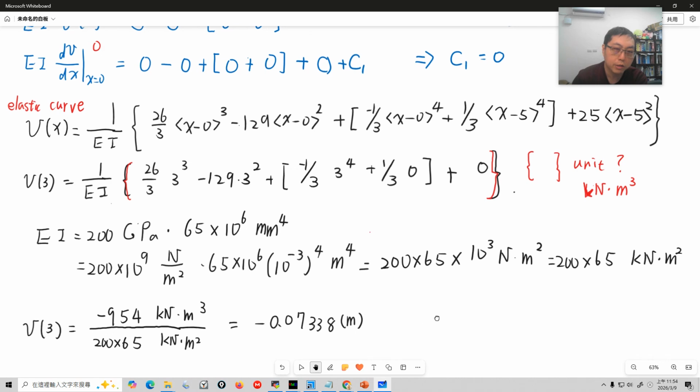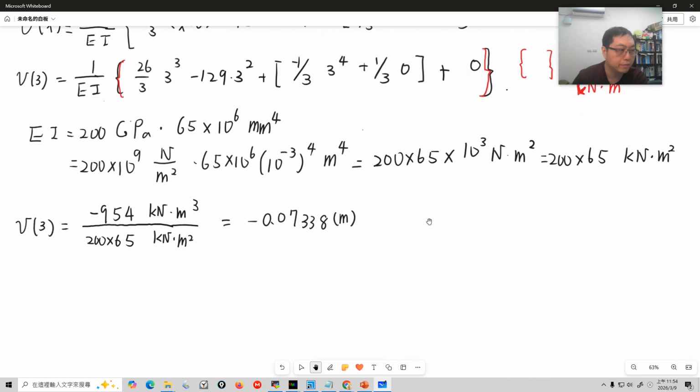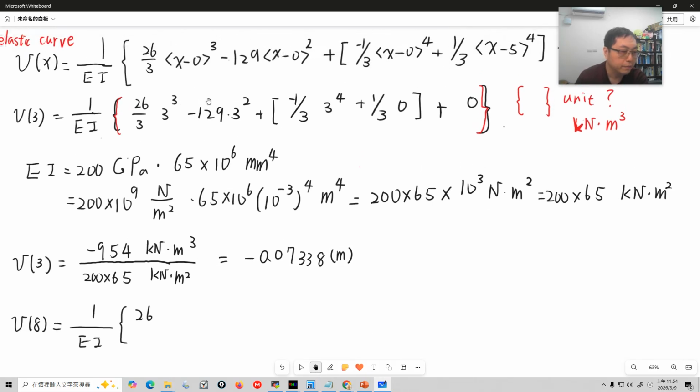And the next one, what's the deflection at the position 8? Okay, so same thing, just the EI, in the bracket. So it will be 26. I should pull this down a little bit. First of all, it's a to the power 3.